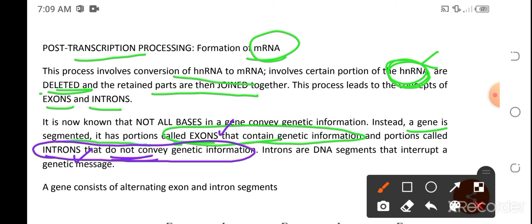So, to produce the mRNA which only bears all the genetic information, kailangan tanggalin itong introns. And that is done during the post-transcription processes wherein hnRNA is being edited by deleting these introns, and the exons that are retained are joined together to form one strand.